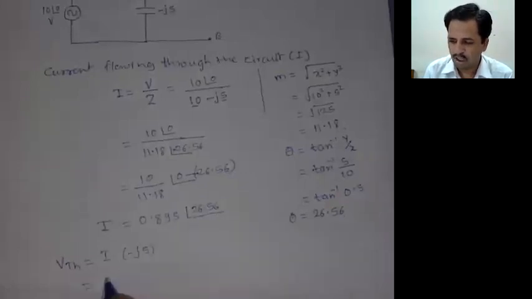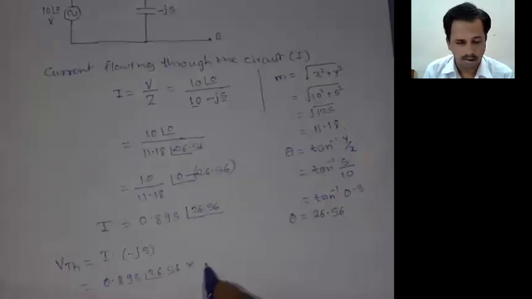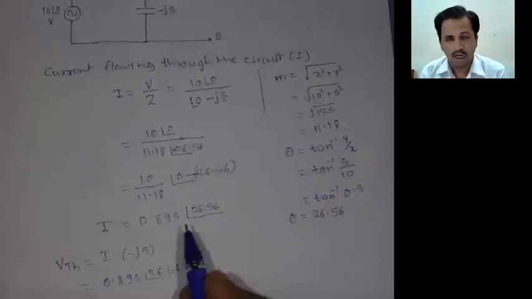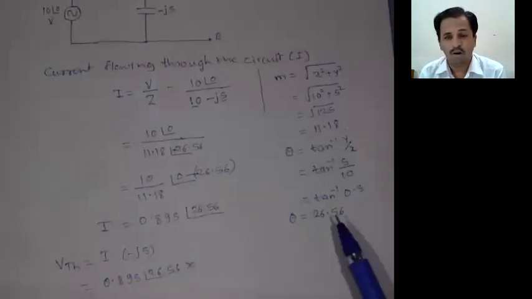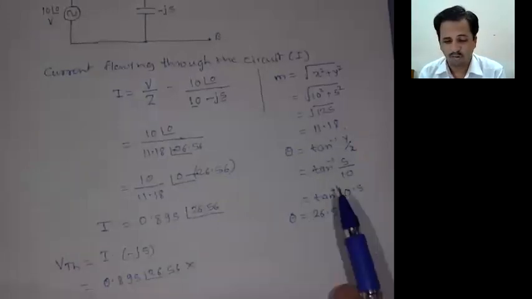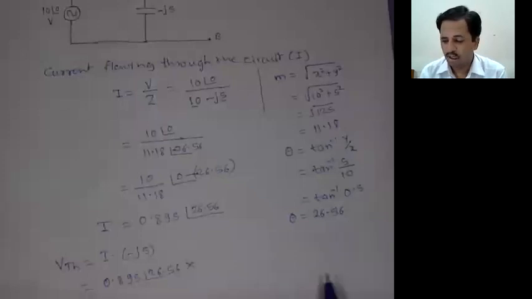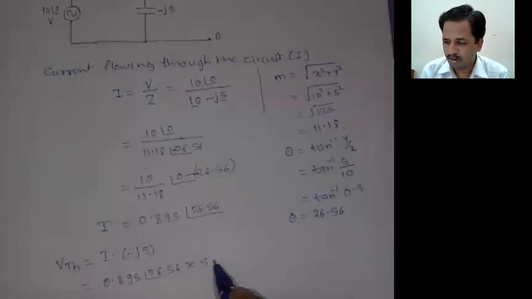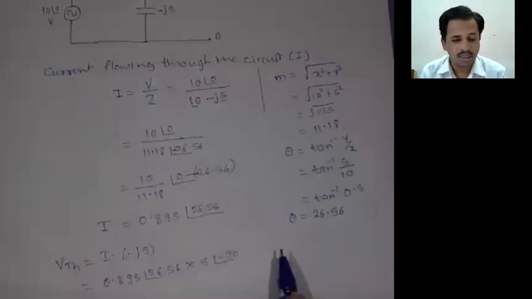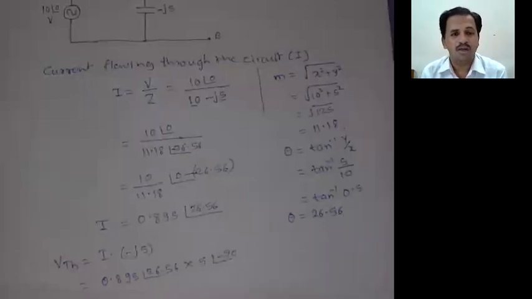It is nothing but 0.895 with angle 26.56, into, now this quantity we have to convert again into the magnitude and angle format, that is 5 with the angle minus 90 degrees. That minus 90 degrees is for the capacitor, and if you are considering the inductor, its value should be plus.